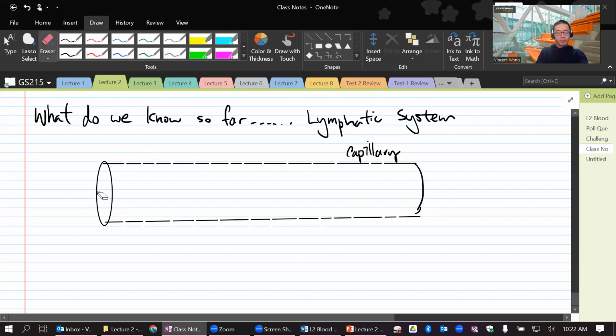One side of the capillary is connected to arteries. So we call this the arterial end. And this is the venous end. If you think we already drew this, I don't want to draw it again. Draw it again, okay? Because we're going to add things to it that are new and related to the lymphatic system.